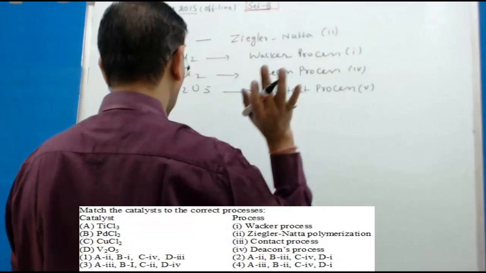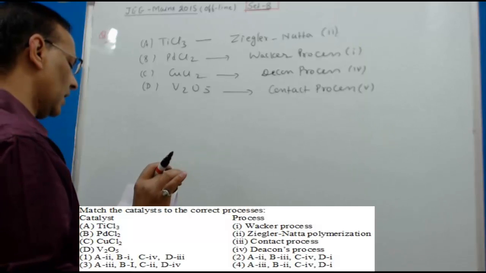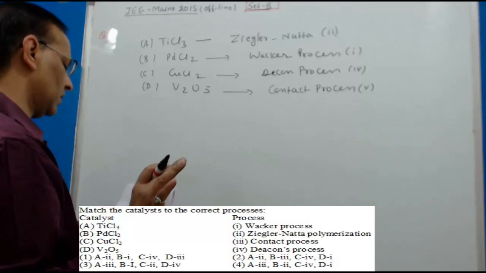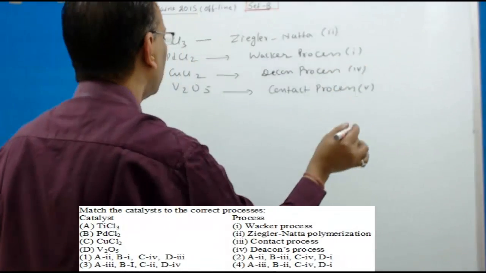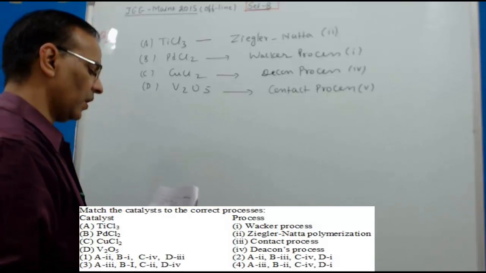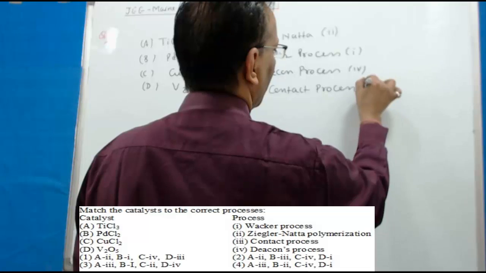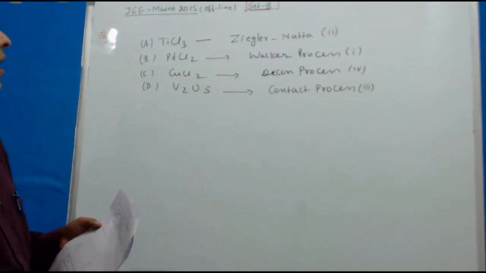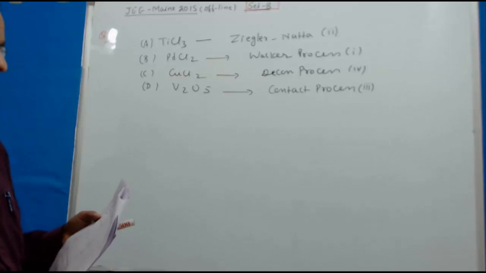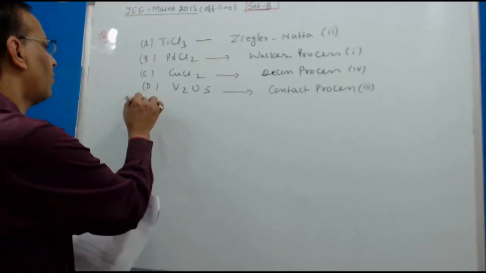So Wacker process, palladium chloride; CuCl2, Deacon process, C4, correct. And D, vanadium pentoxide, contact process, the third one. 5 is not an option at all, third one. So A2, B1, C4, D3. So the answer is the first one.